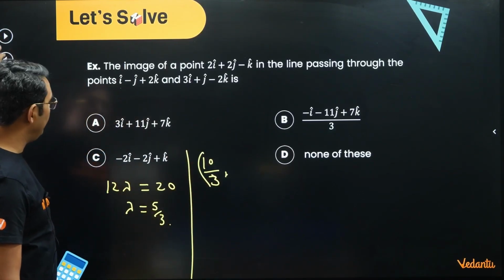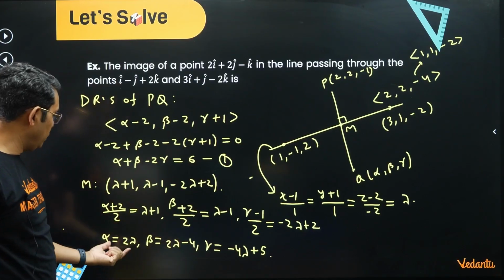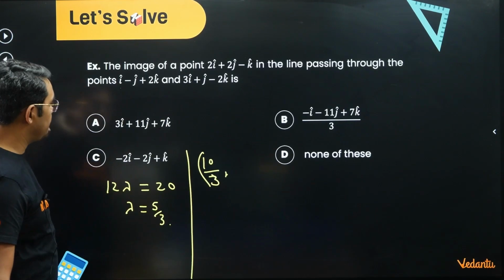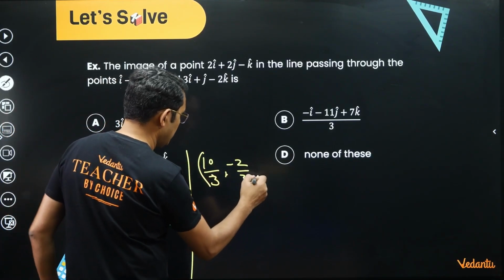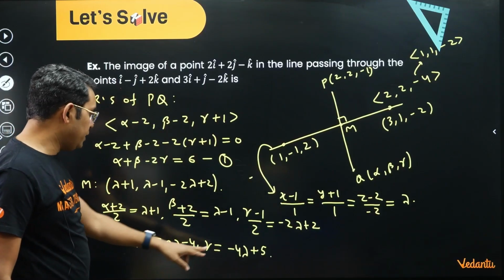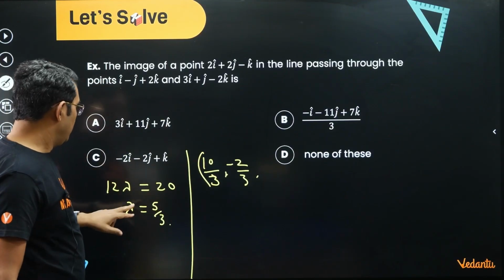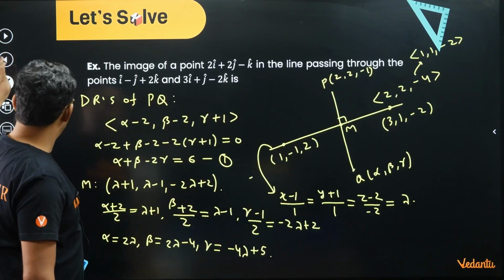So this coordinate will be 10 by 3 and then 10 by 3 minus 4, because lambda was 5 by 3, so 10 by 3 minus 4 will be minus 2 by 3, I think. And the last one is this gamma, that is minus 4 lambda plus 5. So minus 4 lambda is minus 20 by 3 plus 5, yeah.